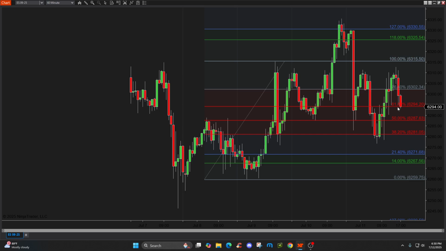Now, this is another interesting thing about Fibonacci's. As we're going up, you'll see this trend. Okay, we made our Fibonacci, we went down, but we couldn't have drawn it until we had this candle.